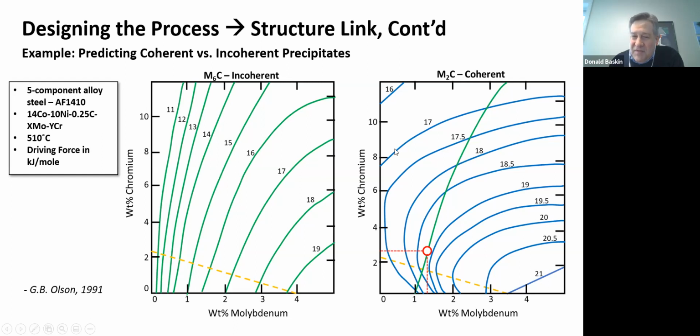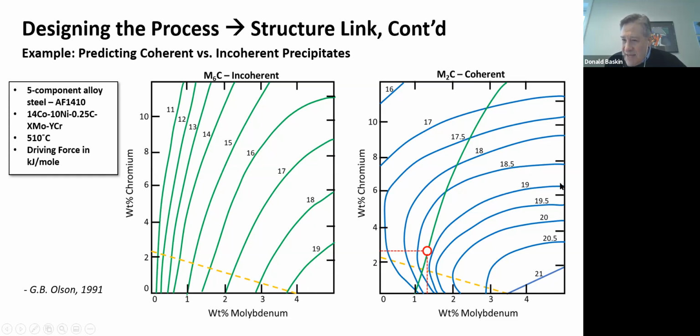You want to stay to the left of this line to make sure that you don't get M6C incoherent carbides. But you want to maximize the driving force energy to form the M2C carbides, the coherent carbides. So on this graph, you want to be as far to the right as you can. So what is the point along this green line, that doesn't go past this green line, but gets you to the highest driving force for precipitating the M2C carbides?